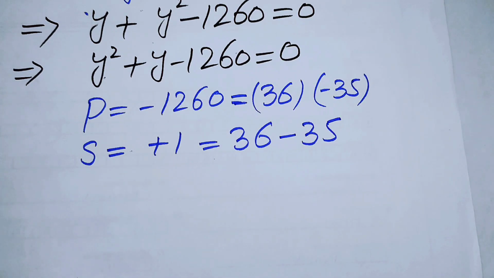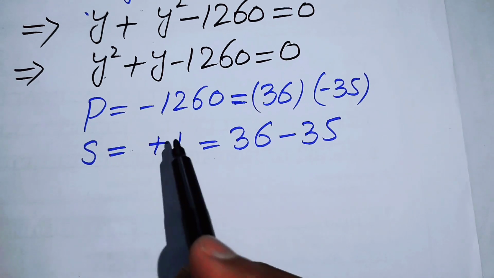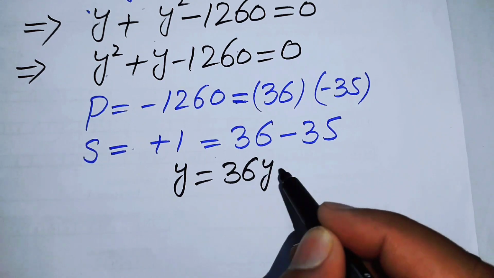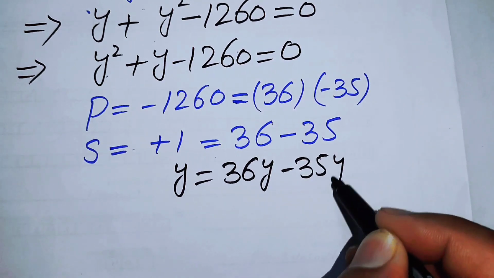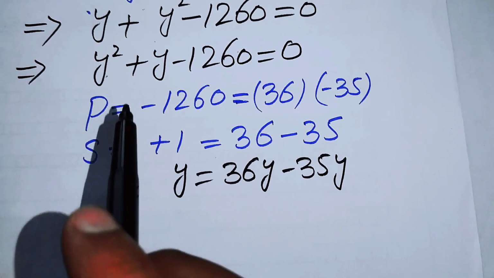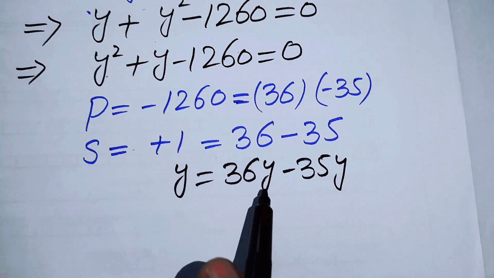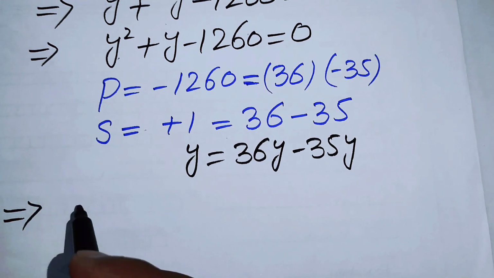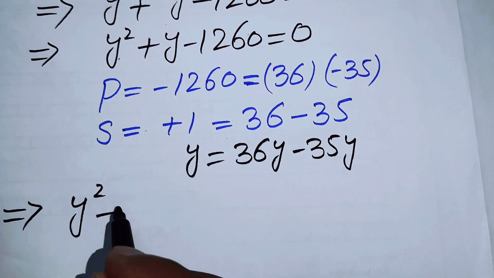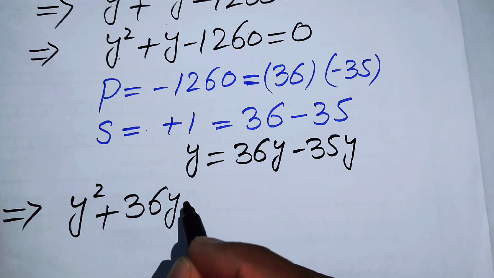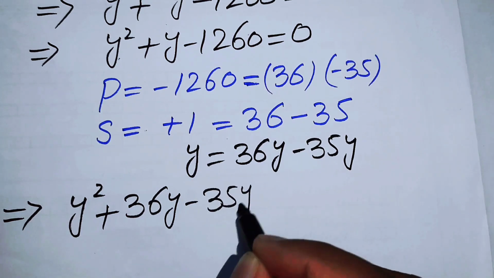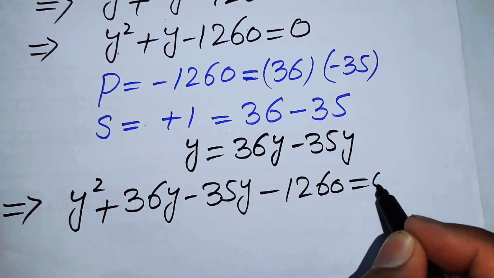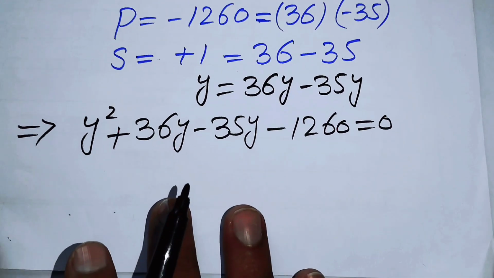So now here you have plus y, and we can replace this plus y by 36y minus 35y, and you get y squared plus 36y minus 35y minus 1260 is equal to 0.